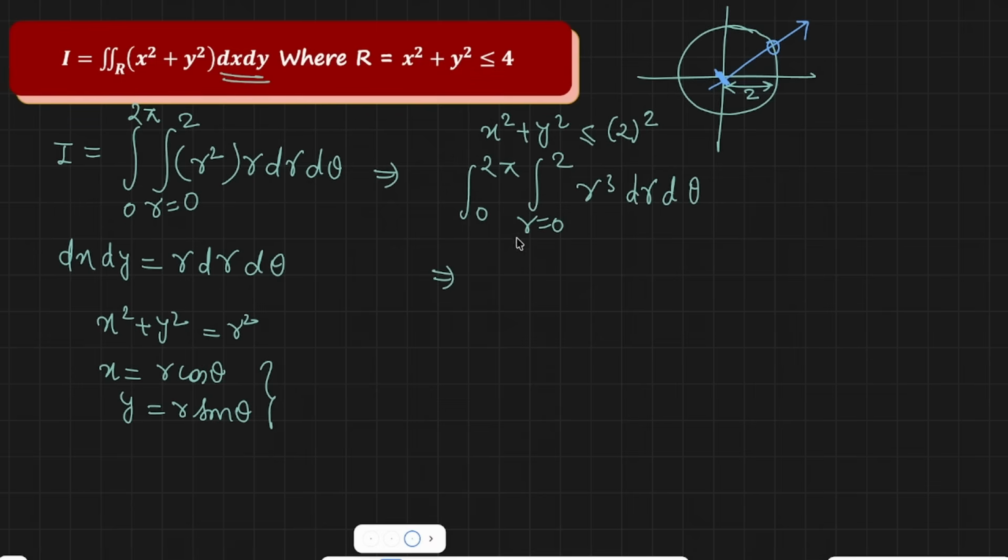Now it is very easy. From 0 to 2 pi, the integral of r cube is r power 4 by 4, from 0 to 2, dr, and then d theta.